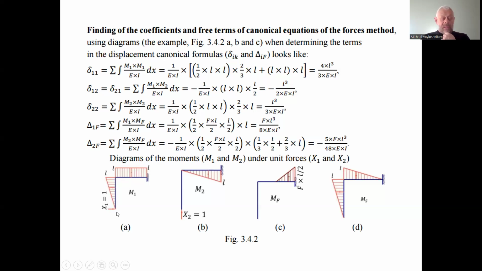So what is the area of this diagram? I will not explain how to find these diagrams. It's very obvious that we have the rod, and under the influence of the unit force the rod arm is L, so the moment is equal to the product of the force, equal to one, and the rod arm L. So the moment is equal to L, and the diagram is linear.